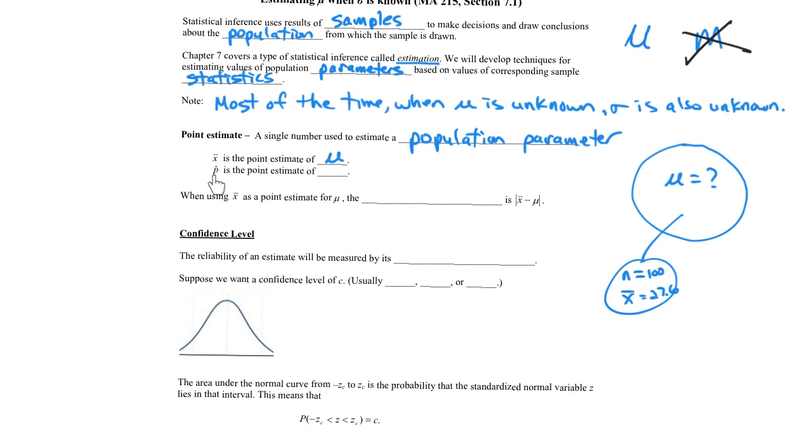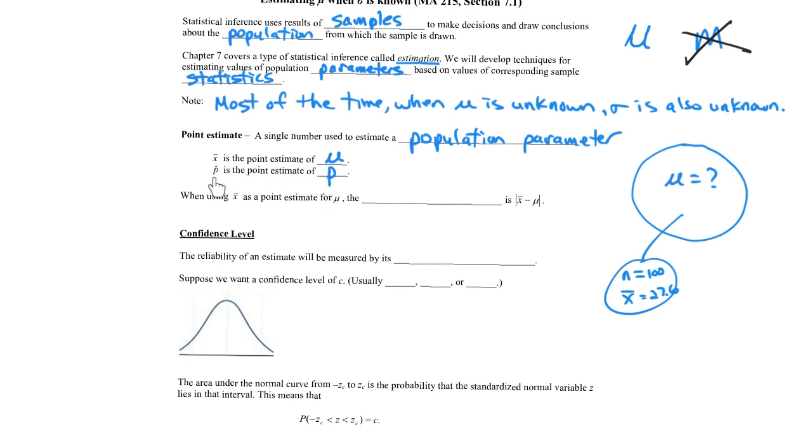And then p hat, that's the point estimate of p. And we'll talk a lot about p hat and p in section 7.3. Up until now, we've just sort of mentioned it. If you were working for a polling organization and you wanted to know what percentage of voters are going to vote yes on proposal C or whatever, you would want to know p, the population proportion of voters who are going to vote yes, but you can't find that.